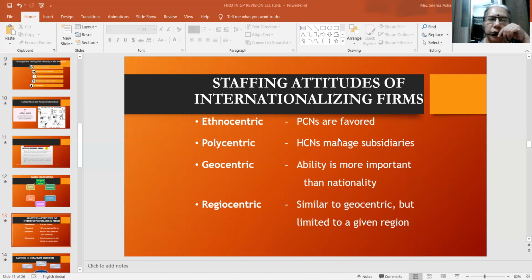Geocentric approach, it is the best approach, I would say, is where the ability is considered more important than the nationality, and the best global talents are hired by the organization. The regiocentric approach is similar to geocentric, but the restriction is based on only the region. So the hiring is done from a particular region only.